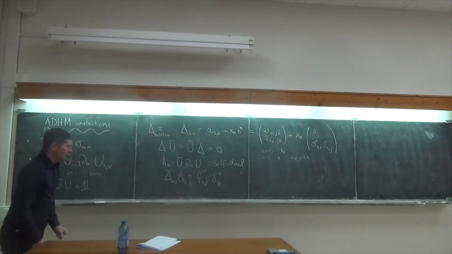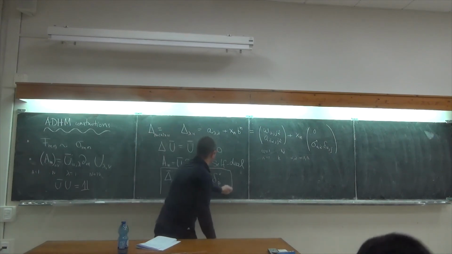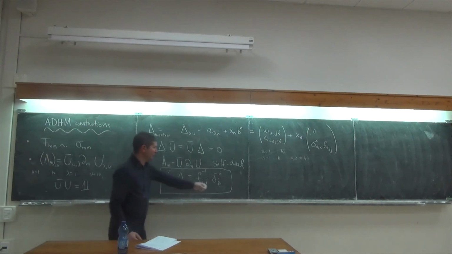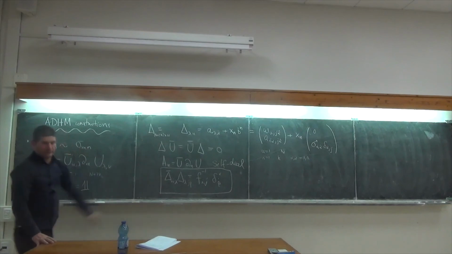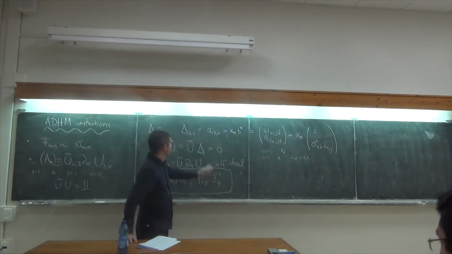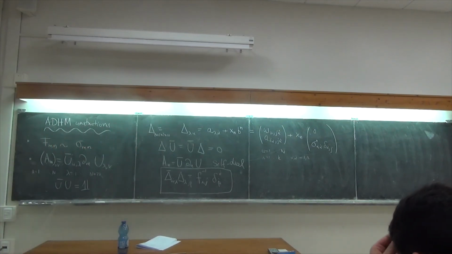Therefore, you see that the statement is that if delta satisfies this property, that the product of the two deltas is proportional to the identity, where f is an arbitrary function, then this A is self-dual. And this is what we will prove.